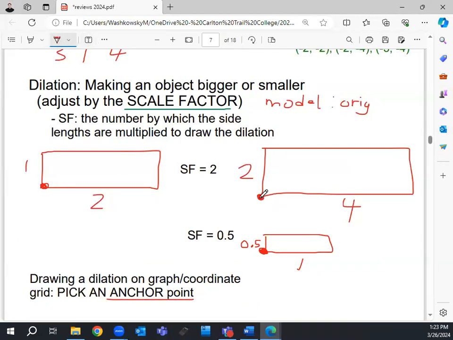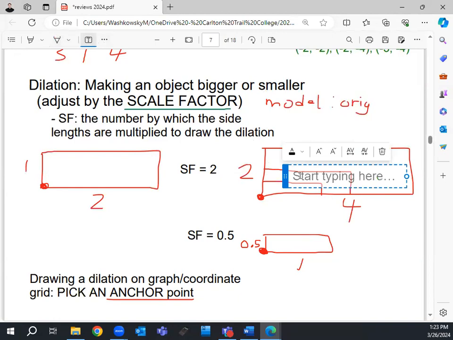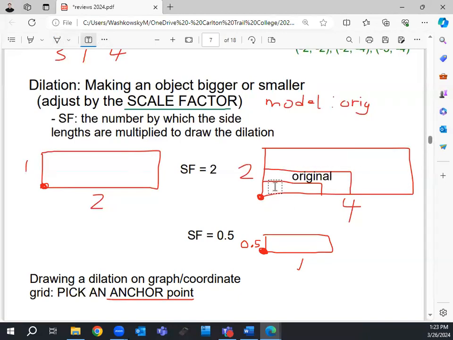So I chose my anchor point as those dots. If I were to draw all of these in here, it would look something like this. These are my 3 shapes, for example. I know it's not color coded, but this is my original. This is my 0.5, and this is obviously my 2. But it's all coming into that same anchor point.